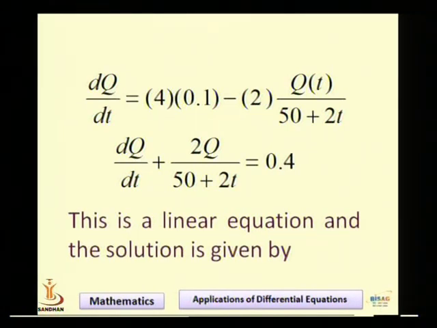So, Ri is 4, Ci is 0.1, minus 2 into Q of t divided by 50 plus 2t. I can simplify this and put it in a differential equation of the form dQ by dt plus 2Q upon (50 plus 2t) is equal to 0.4. And this is a linear differential equation.